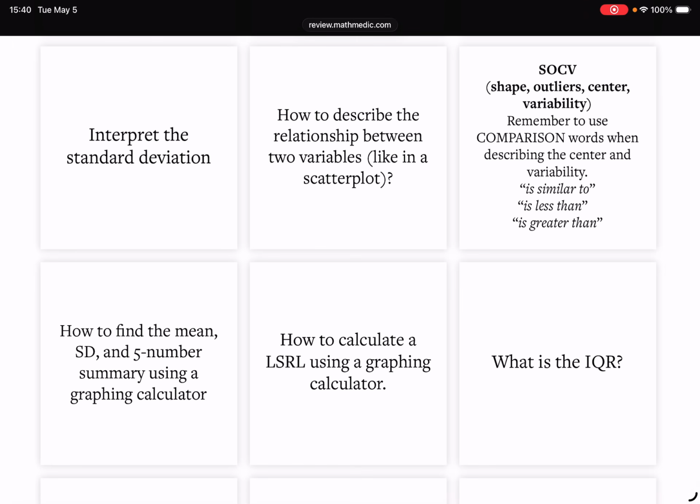You're not just saying, well, this is the distribution of A, this is the distribution of B. You are saying, well, A is similar to B by the following, or both of them are skewed right, or both of them do not have outliers, or the center of A is greater than the center of B. So very important, the comparison words.